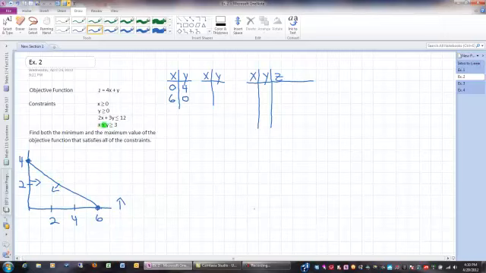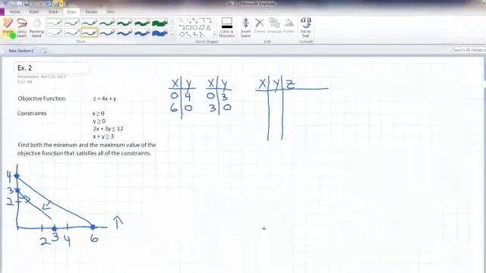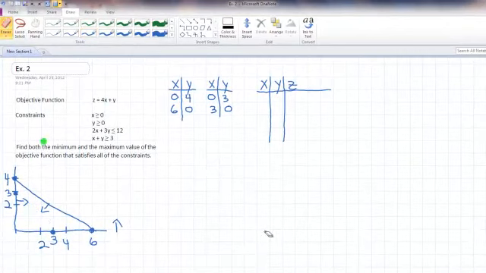Next, we have x plus y equals 3 as the equation version. So if x is 0, y is 3. If y is 0, that leaves me with x equals 3. So 3 is going to be there and there. And we connect the dots. Wasn't a very good draw. Let's try that again. Connect the dots.